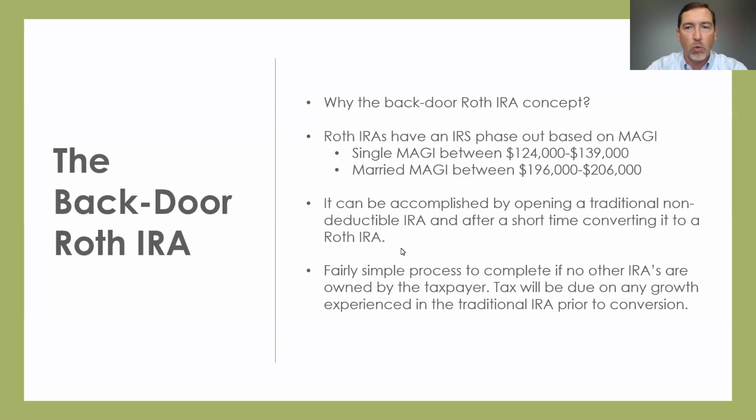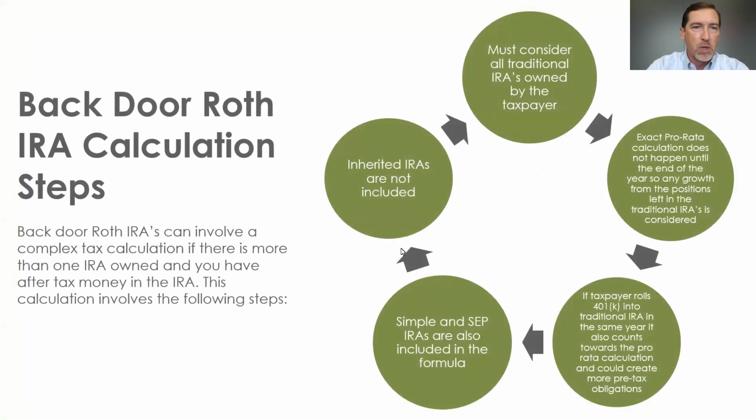When you move it to a Roth, that growth is not going to be taxed. So it's a simple process to complete if you have no other IRAs. Taxes will be due on any growth experienced in the traditional IRA prior to conversion, and that's important to remember.